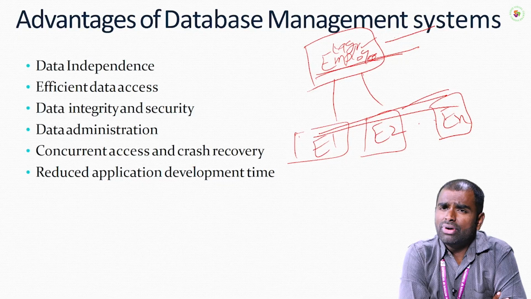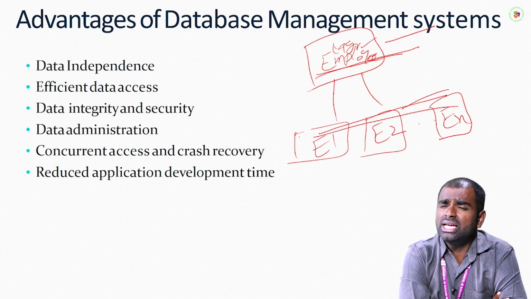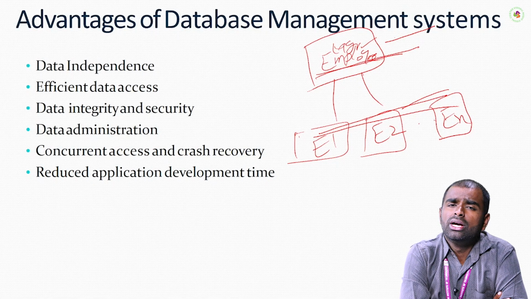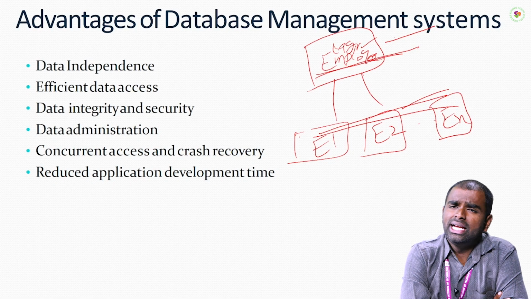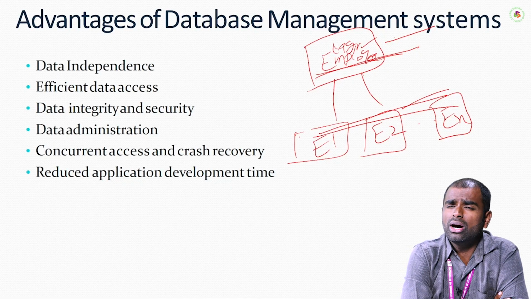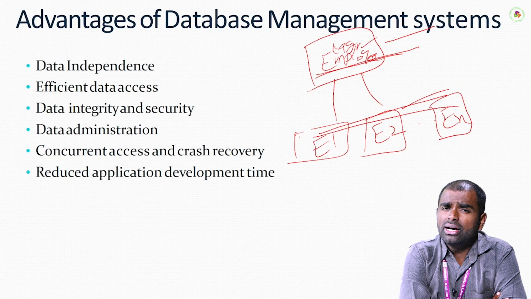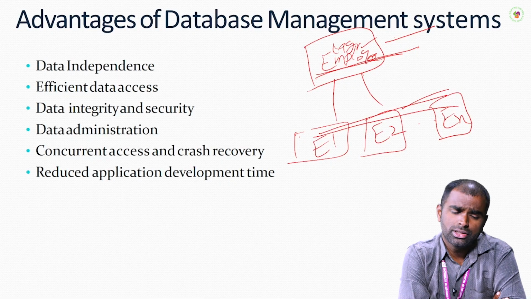Later on, for our usage, as data kept increasing day by day, in 1990 the data warehouse came. Next, big data and cloud computing concepts came to sustain the data which we are generating day by day. That comes under data science also.